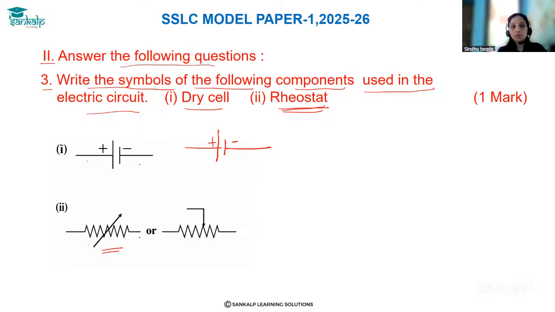It contains two ends and in the middle one arrow mark should be drawn. Or we can draw the symbol like this also: two ends and one upper end denoted by an up arrow. So these two are the symbolic representations of the components, that is cell and rheostat. Thank you.